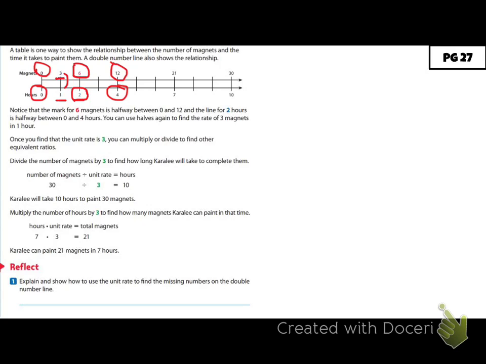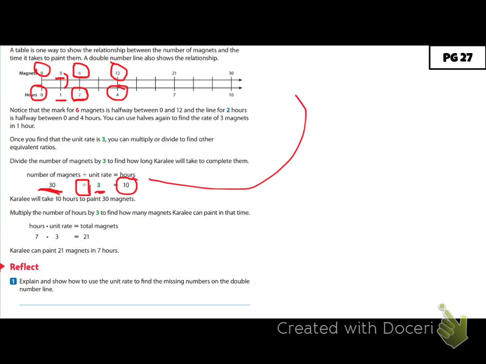Divide the number of magnets by 3 to find how long Carly will take to complete them. So the number of magnets, 30, divided by your unit rate, which is 3, will give you 10 hours.